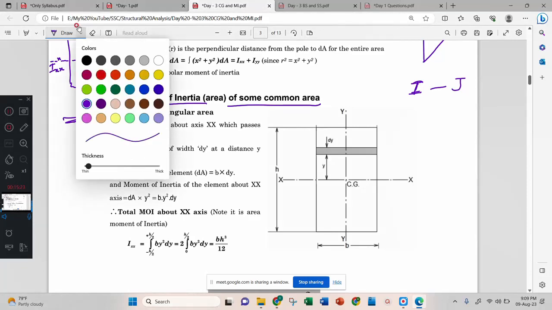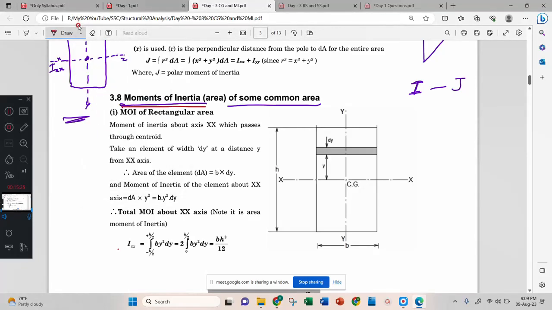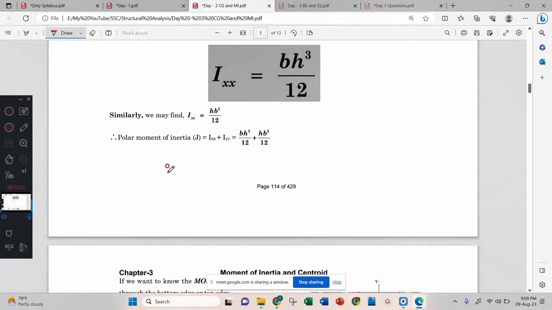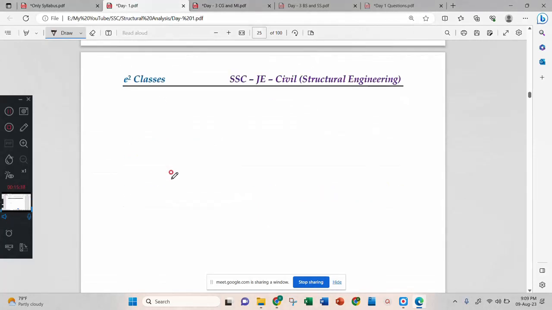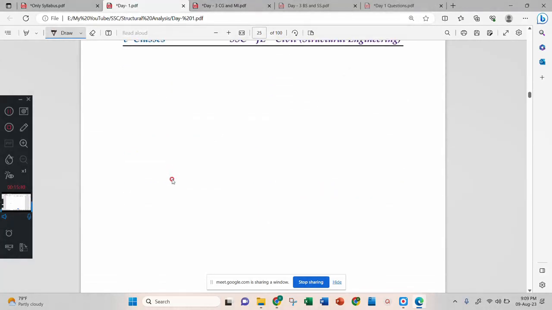Now look here. This is moment of inertia for a rectangular section. Moment of inertia for a rectangular section is BH cube by 12 or BD cube by 12. Look at it. This is a rectangle.